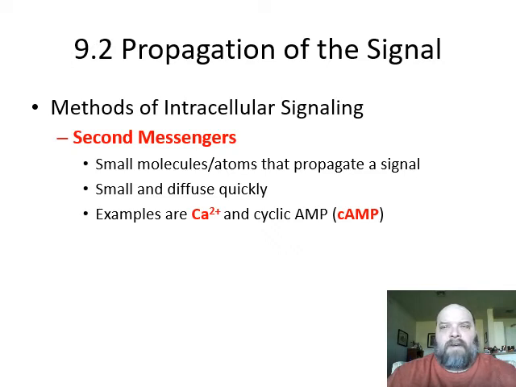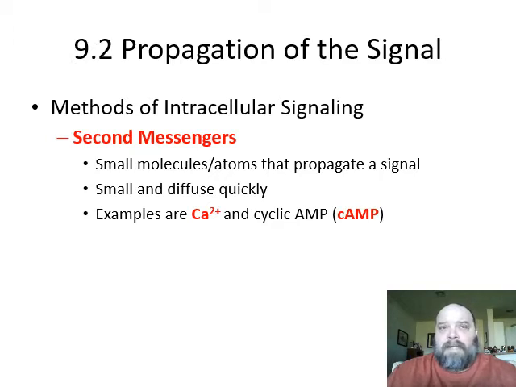MEK activates ERK. Well, it's going to take time for ERK to diffuse through the cell to get to the nucleus. Turns out, when it comes to diffusion, size matters. The bigger things are, the slower they are to diffuse.